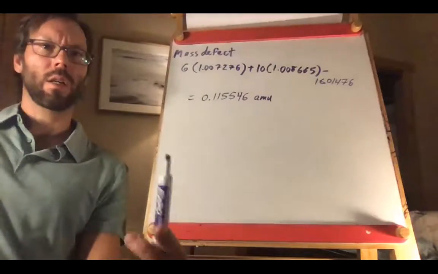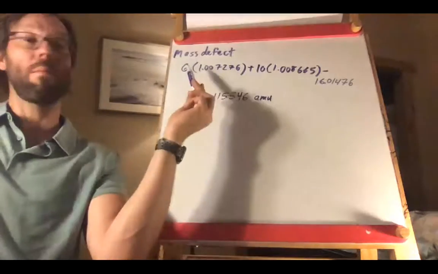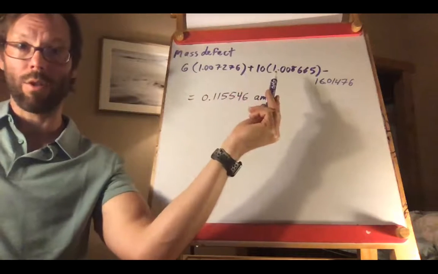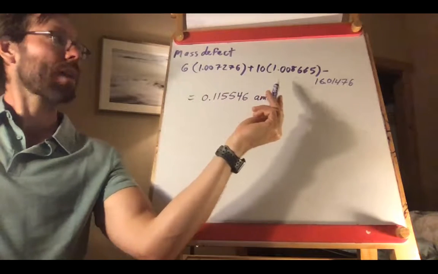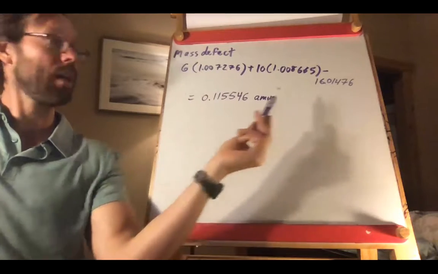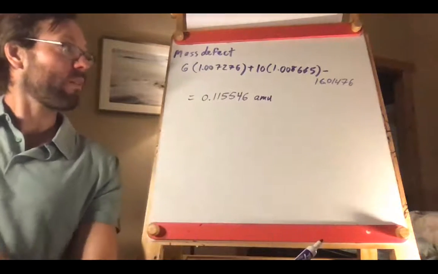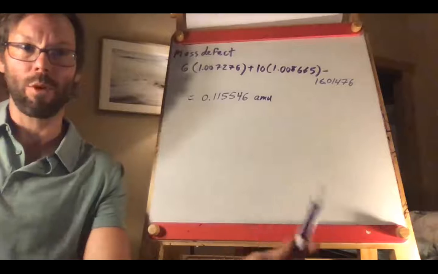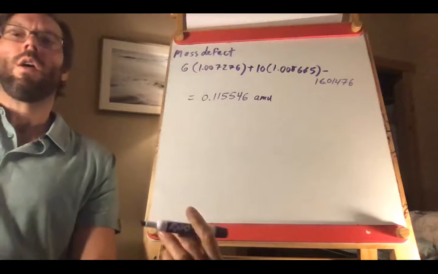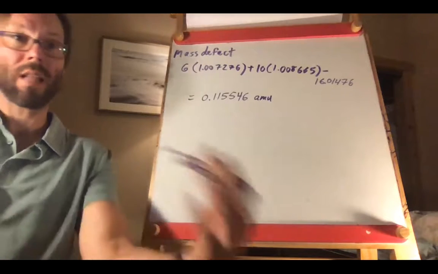Okay, so when I took 6 times the mass of the protons plus 10 times the mass of the neutrons, and I subtracted from it 16.01476, I ended up with 0.115546 AMU. That's the mass defect. So that's the first part.